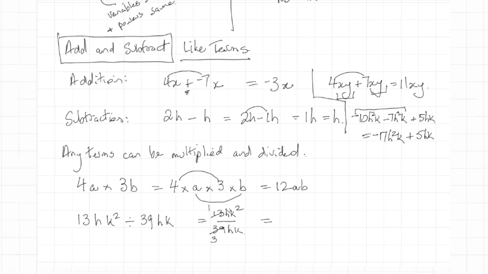Now look at the h's. h goes into h once, h into h once. And we want to end up with positive powers. So this is k to the 1. So when we divide, we've got more positive powers of k on the top. So we will divide, and when you divide you subtract. So 2 minus 1 is 1.